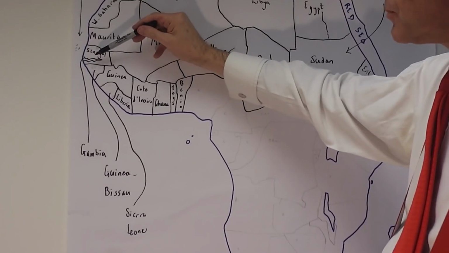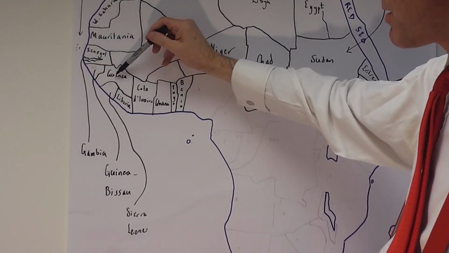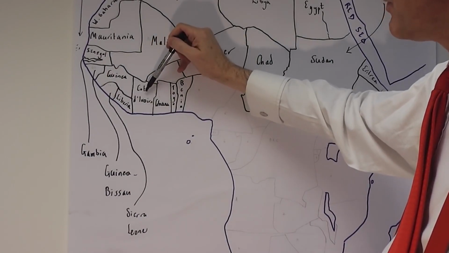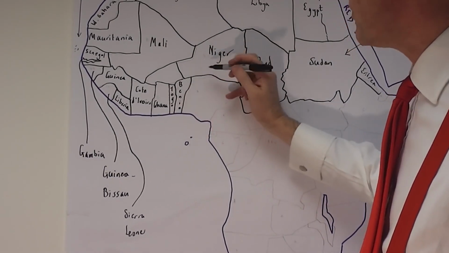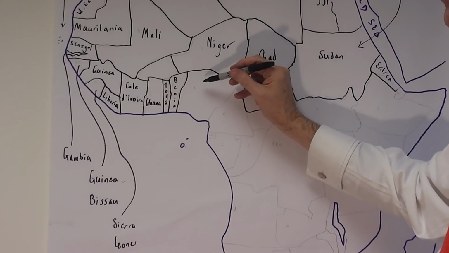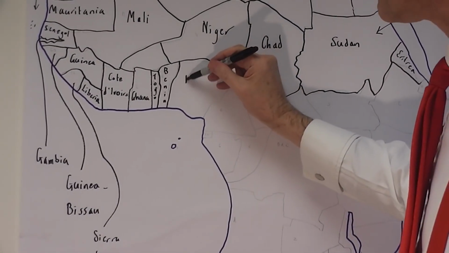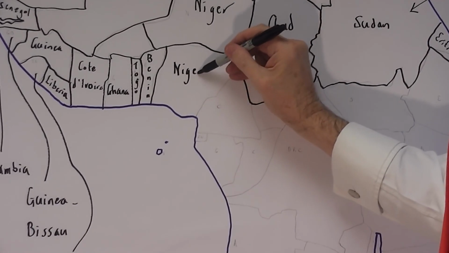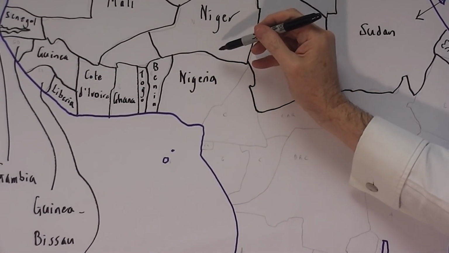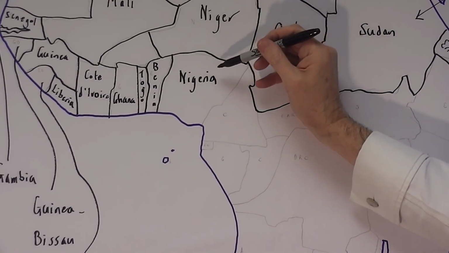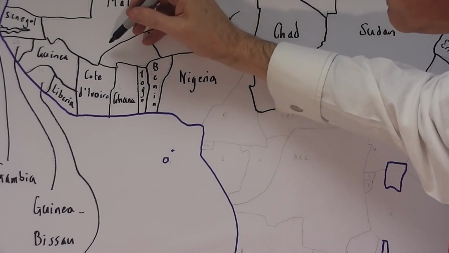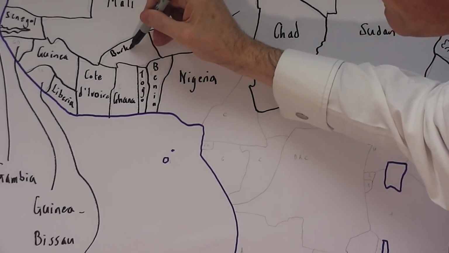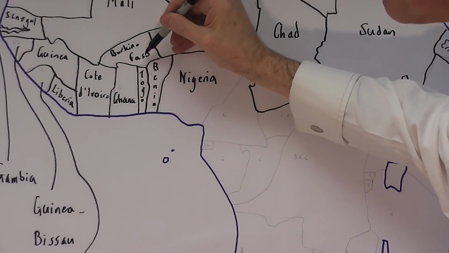So there we have Senegal, Gambia, Guinea-Bissau, Guinea, Sierra Leone, Liberia, Côte d'Ivoire, or the Ivory Coast, Ghana, Togo, and Benin. Then next, as we travel in this direction, is Nigeria. Nigeria, which is the most populous country in Africa, with 170 million people, the biggest country in Africa in terms of population. Here is Burkina Faso. Burkina Faso there.